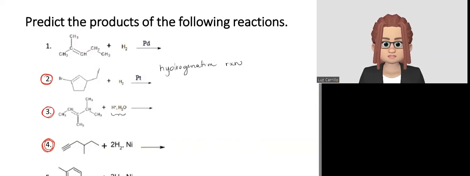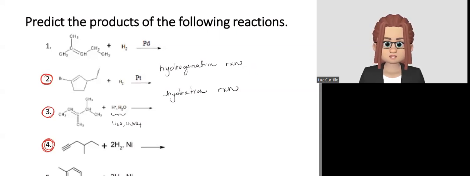This can also look like H2O, H2SO4. They're going to mean the same thing. Whenever you see H plus H2O, or H2O and H2SO4, this means that this is a hydration reaction. Take a moment and decide, is number 4 a hydration reaction or a hydrogenation reaction? But I'm going to first proceed to determine what are the products for number 2 and number 3.